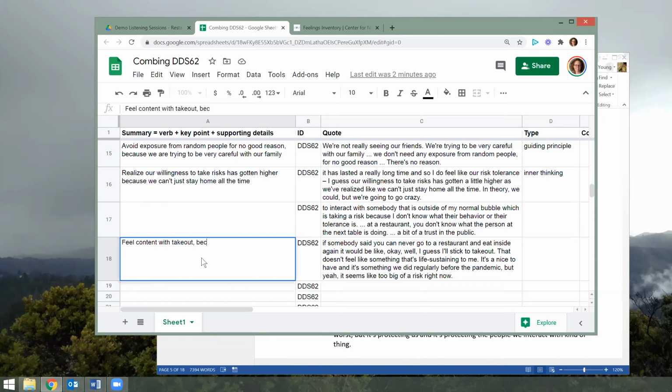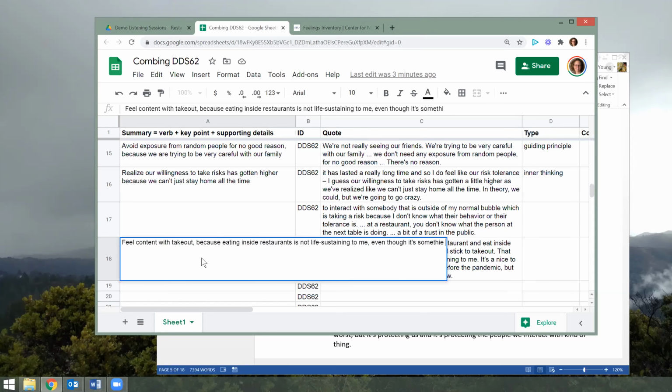Because restaurants, eating inside, not life sustaining. Look at that word. You know, we want to pick out the words that are memorable. So even though it's something we did regularly before the pandemic.